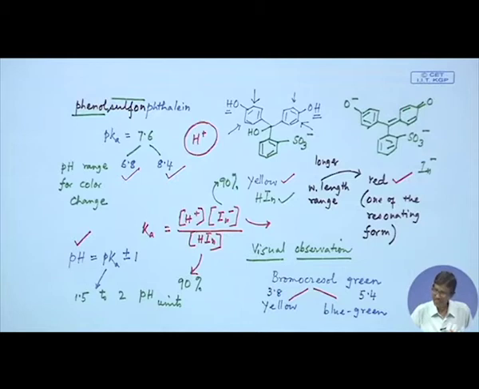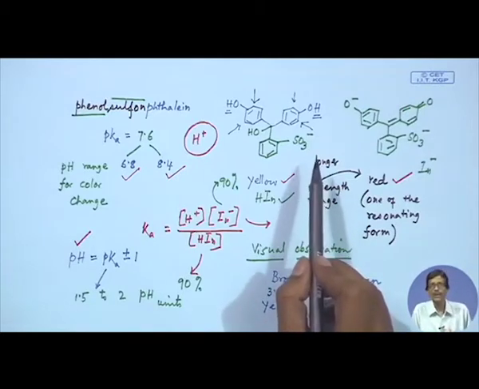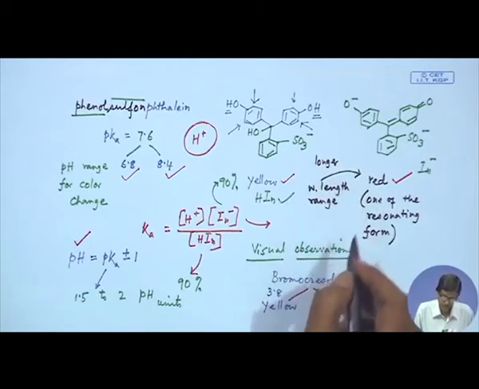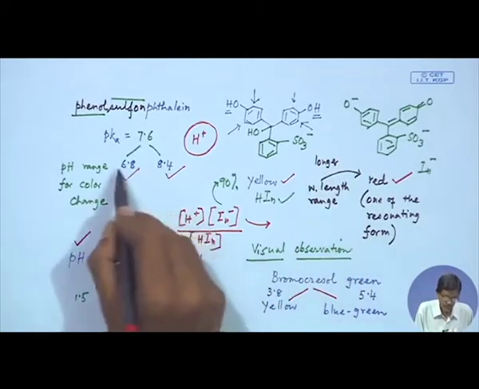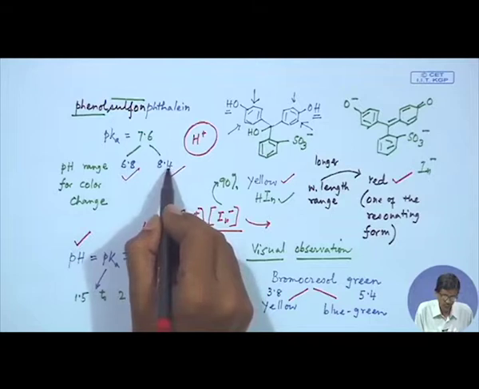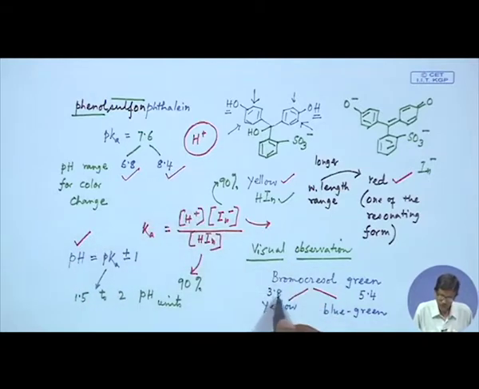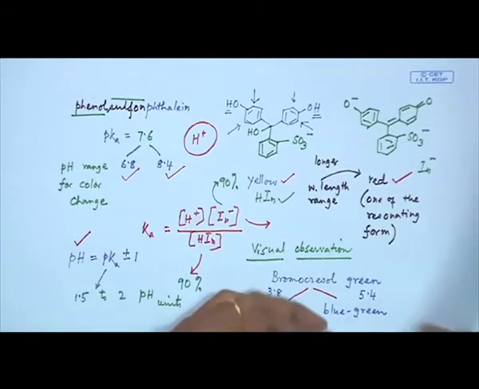You see the change we can introduce. There are several molecules like these, and people are trying to change the corresponding range from 6.8 to 8.4 to 3.8 to 5.4, because of our neutralization point where we have the end point.